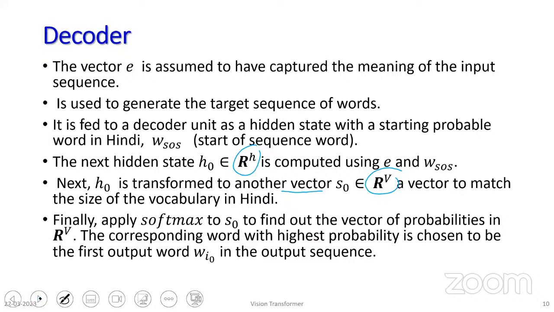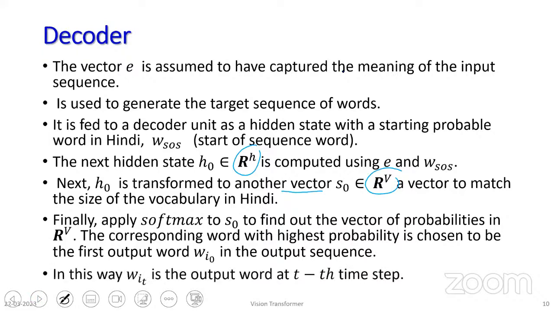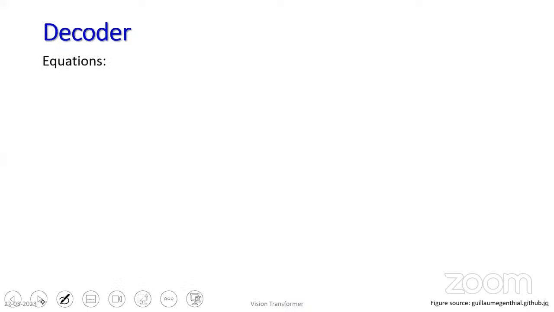Thank you. Let me explain what happens. In this way, WIT is the output word at the t-th time step. So I seek your attention here. Equations for this: H0 is LSTM applied on WSOS, the start of the word, and the hidden state coming from the encoder.